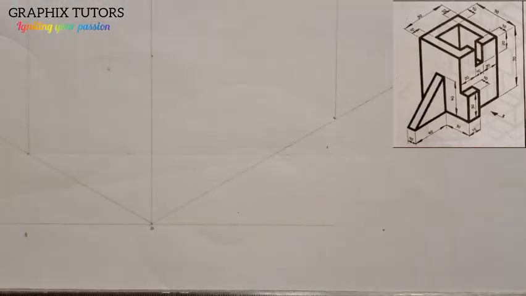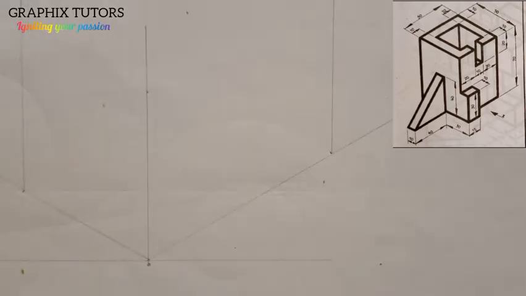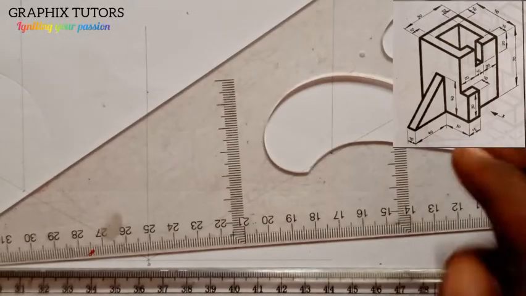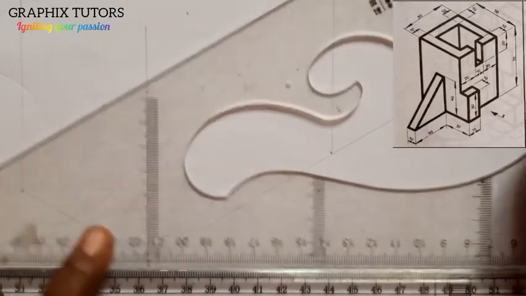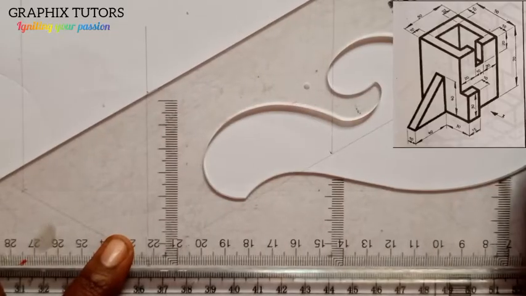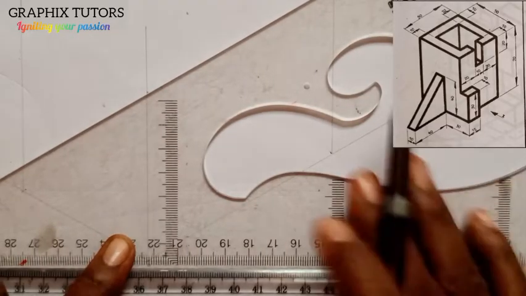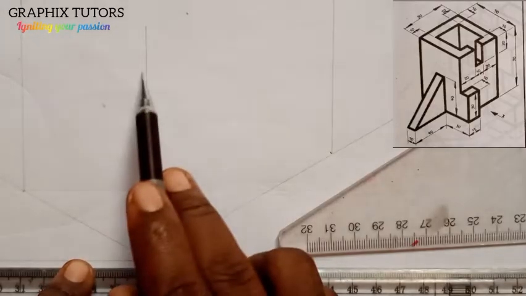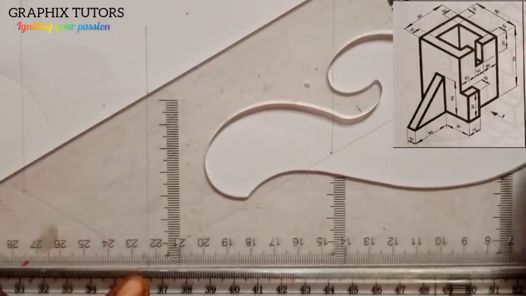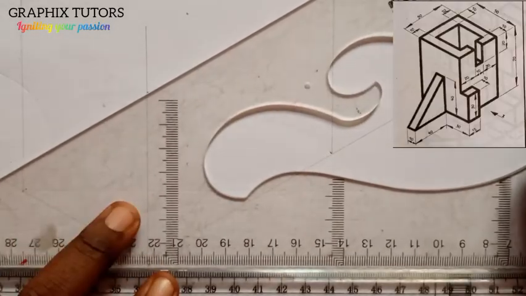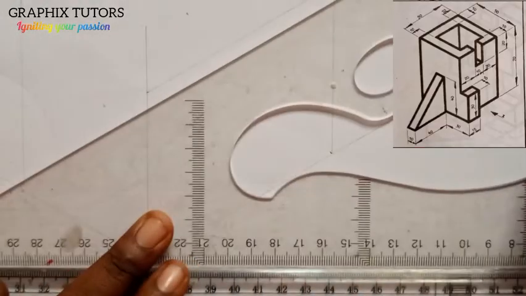Right? Then the next thing I'm going to do is to close this up. Connect the vertical lines here using your 30-degree set square, because any line you're drawing should be at an angle of 30 degrees. So whatever I did here, I'm going to do here also. So I'm going to draw the inclined line here to this point, right?